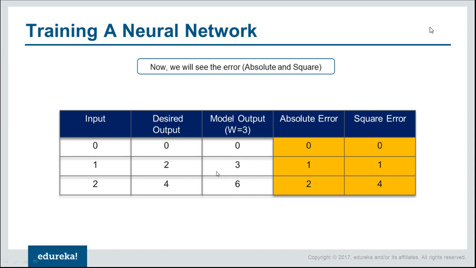It was supposed to be 2, detected as a 3, so there is a difference of 1, so error of 1. Similarly, it was supposed to be 4, but our model is detecting it as a 6 with the current weight which is 3, it means error of 2, right? Then we have a square error as well, and square error would be the square of these errors. So 0 error square would be 0, 1 square would be 1, 2 square would be 4.